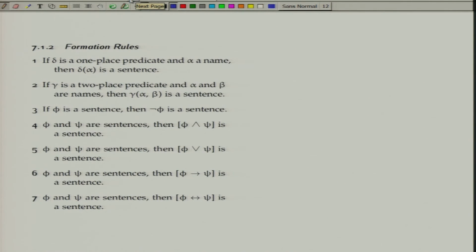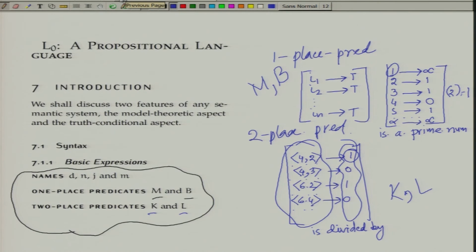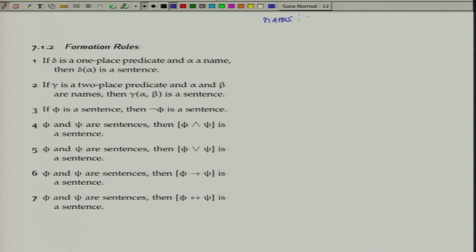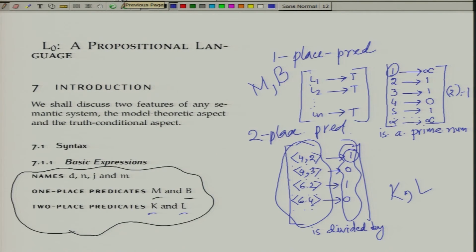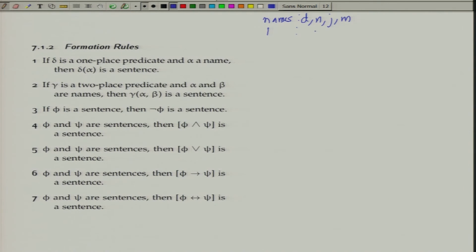Remember, just very briefly write, our names are D, N, J, M. We have 2 one place predicates, that is M and B. We have 2 two place predicates, L and perhaps K. So, it is a very small language having just 1 2 3 4 5 6 7 8 units, nothing else.